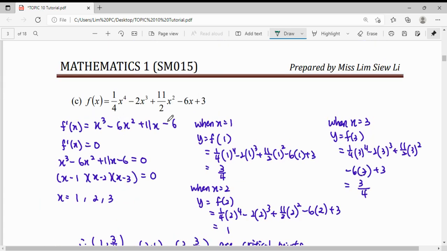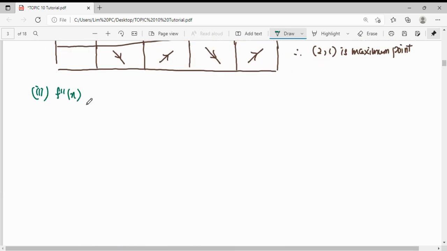So we're going to differentiate again to obtain the second derivative. Power move to the front, it becomes 3x squared, then continue minus 12x, then differentiate 11x becomes 11. So that will be our second derivative.